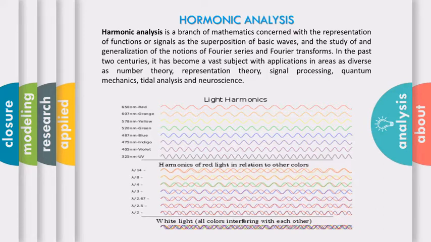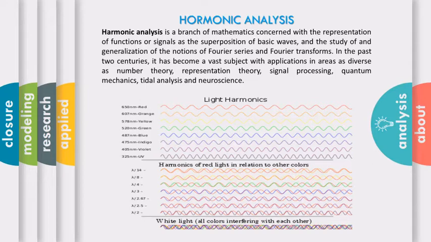Similarly, when you are using a mobile phone, that signal is sent through a wave. So the analysis of this wave and its superposition, how it travels from one place to another, and how we generalize those things, all comes under this harmonic analysis part.